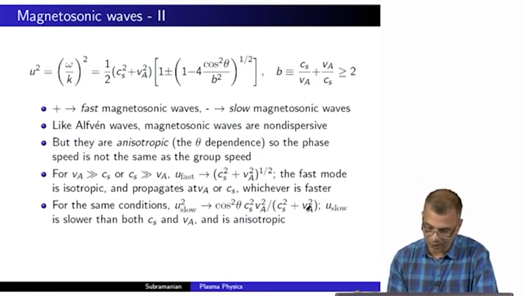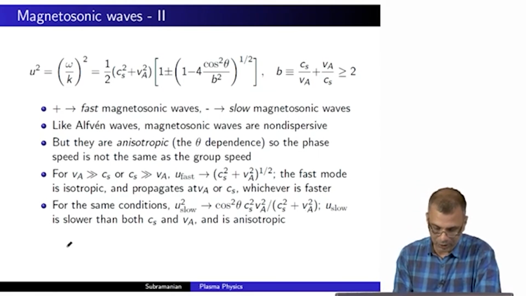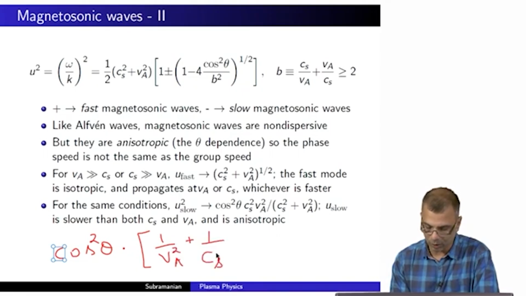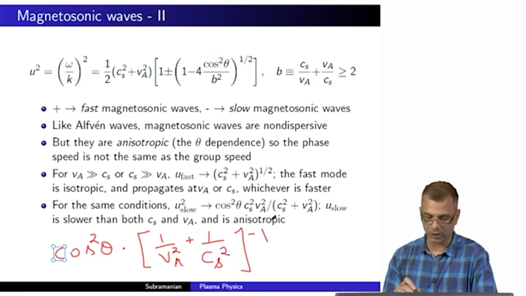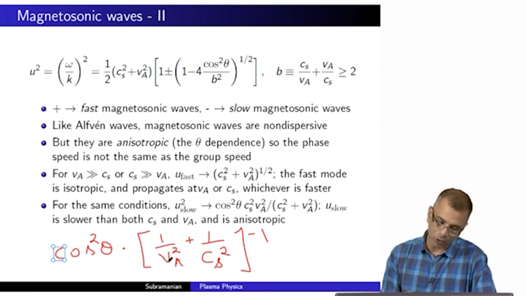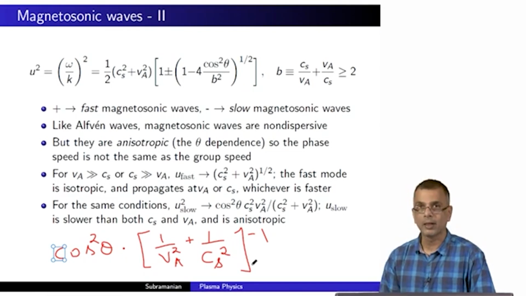Okay, so this is essentially cosine theta squared times Cs squared over Va squared, so it would be 1 over Va squared plus 1 over Cs squared raised to minus 1. That's what this is. So that is why the U slow is slower than both Cs and Va. Okay.